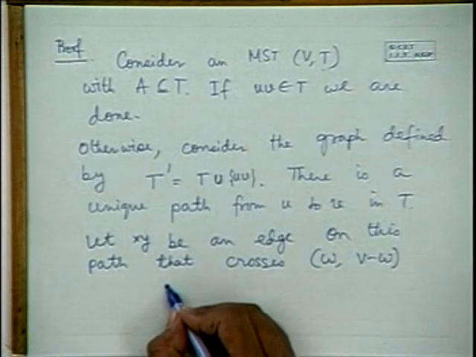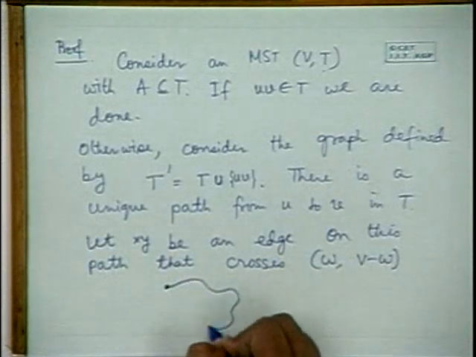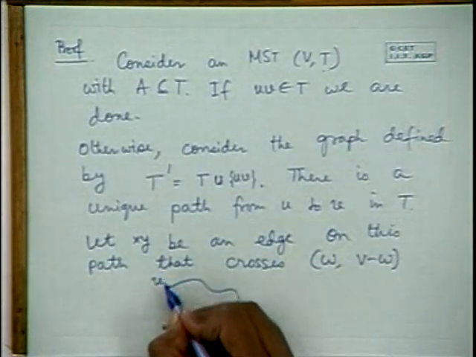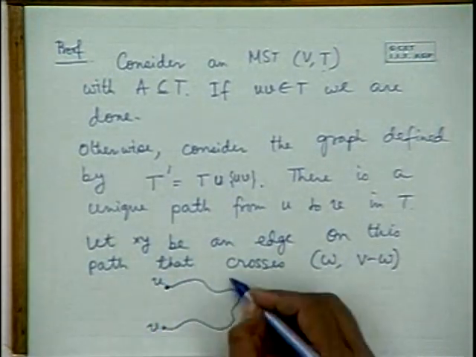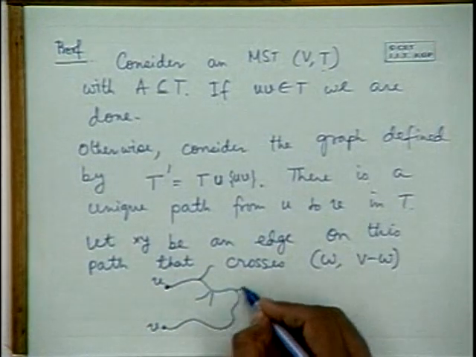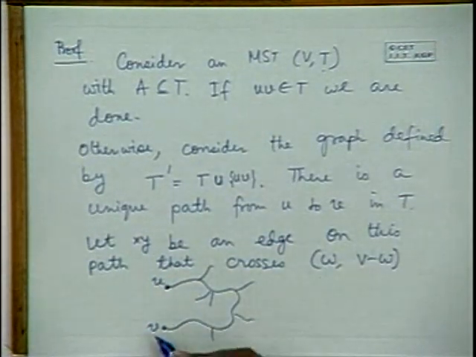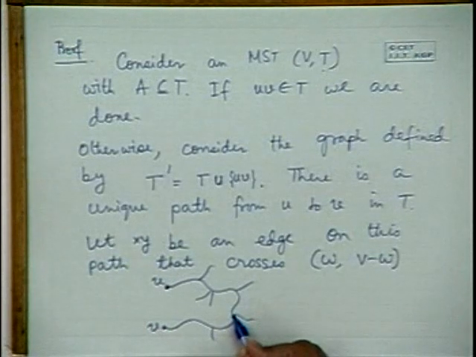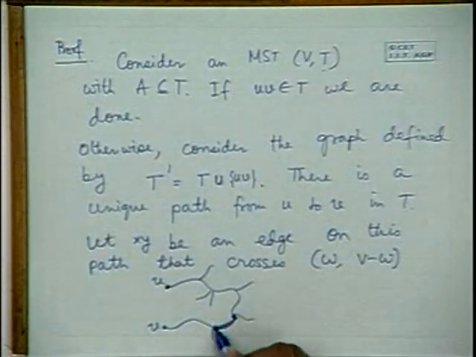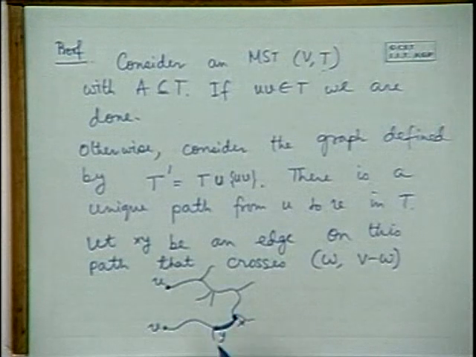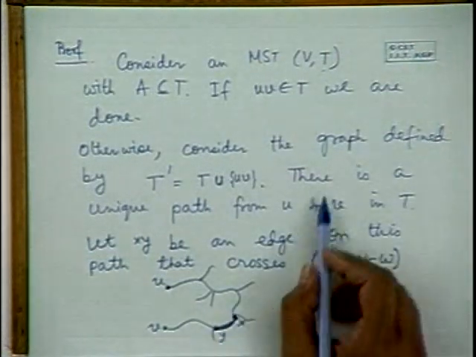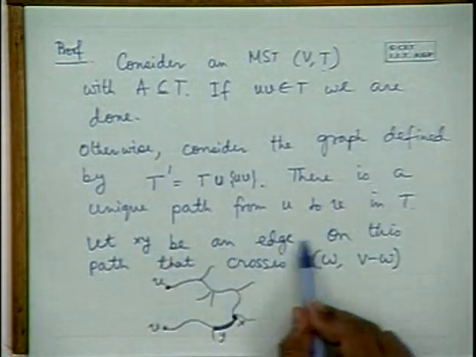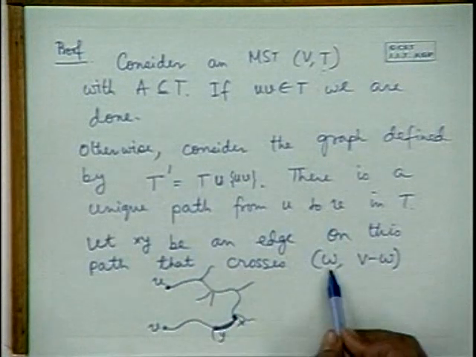We have U here. So there is a unique path from U to V in the spanning tree. So U and V are here. Something else is going out like this, but there is a unique path. So suppose we have taken X and Y, there is an edge XY on this path that crosses the cut.